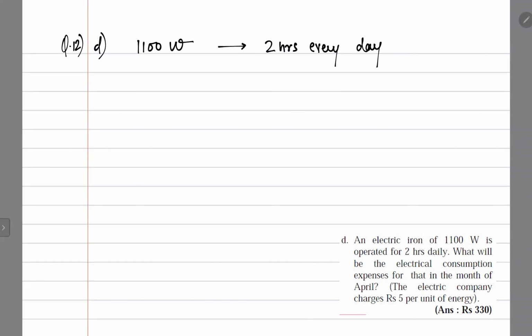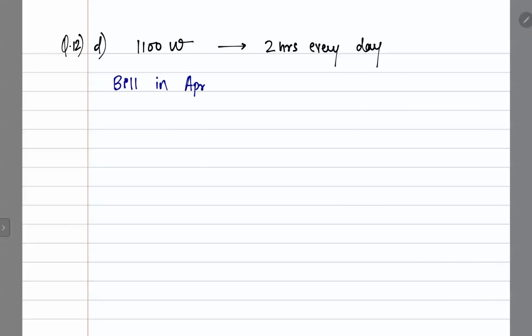कि iron को हमने 2 घंटे रोज यूज किया. What will be the consumption? The question is, what will be the expense or what will be the electrical consumption for that in the month of April? So they are basically asking कि the bill in April, April में bill कितना आएगा?